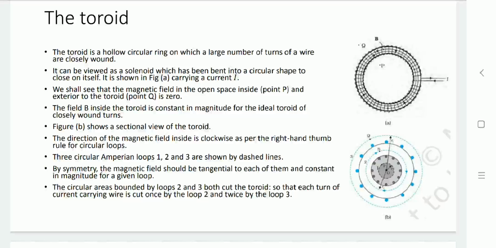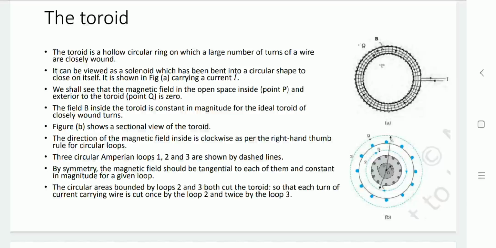Here the magnetic field should be tangential to each of them and constant in magnitude for a given loop, as the constant current is flowing through it.